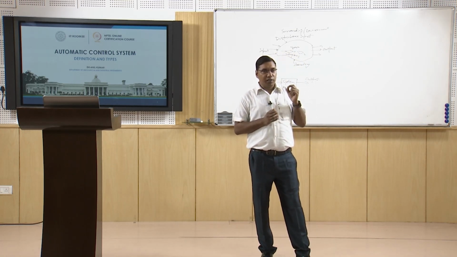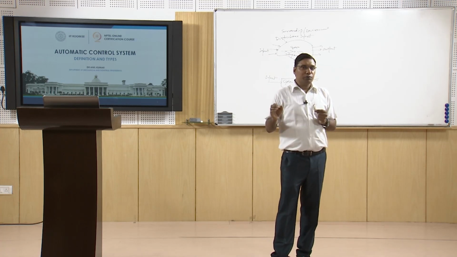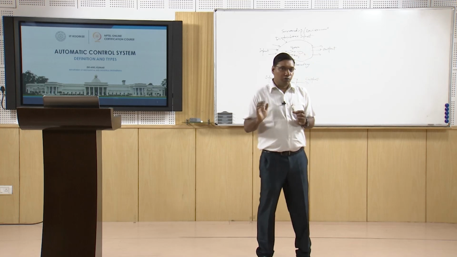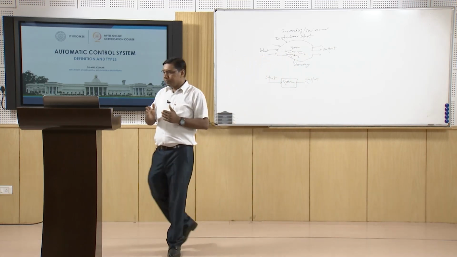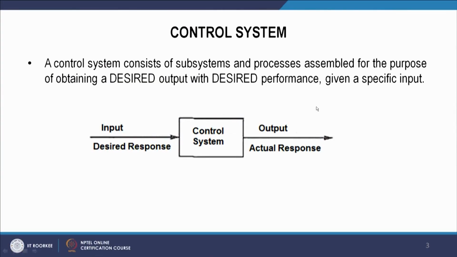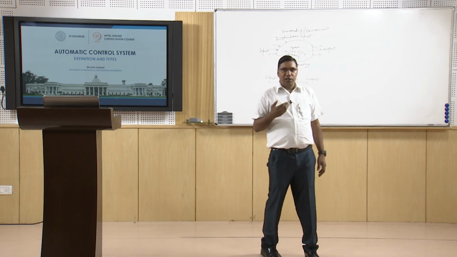That if we give a specific input, that system should give the desired output with desired performance. So this we can understand here from this diagram. Here is input or desired response. Many times the input is the same as desired response.